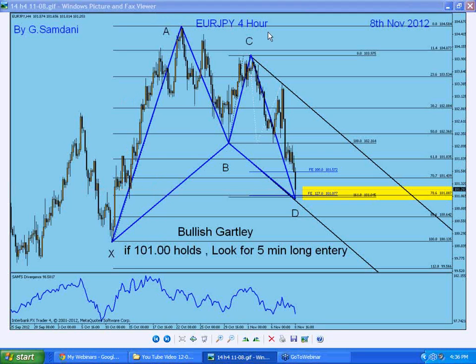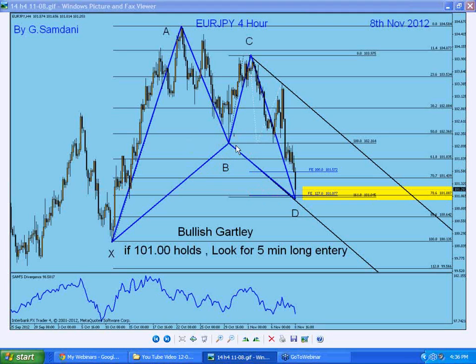And this is a Euro-Yen 4-hour chart. As you can see, this is a harmonic pattern that I was expecting as a Gartley, bat, butterfly, crab, all those harmonic patterns. These are different names, and each and every one of them has a slightly different calculation. Gartley and bat are similar, but have different Fibonacci levels.